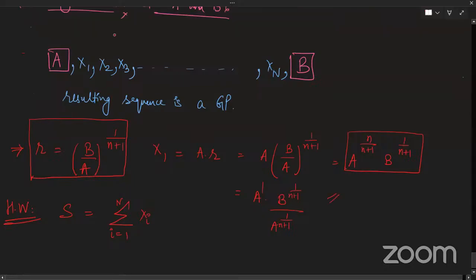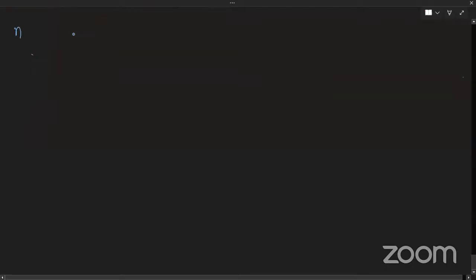So we are done. And just one more small concept I wanted to tell you. If I have n numbers, let me assume those numbers as a1, a2, a3, and so on till an.